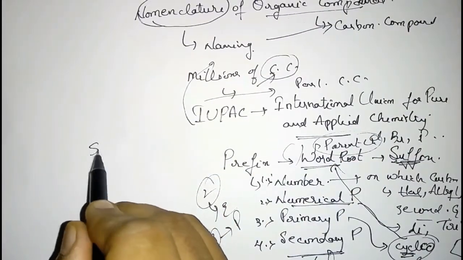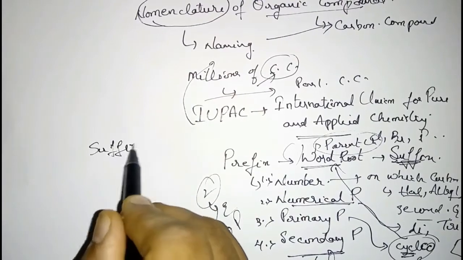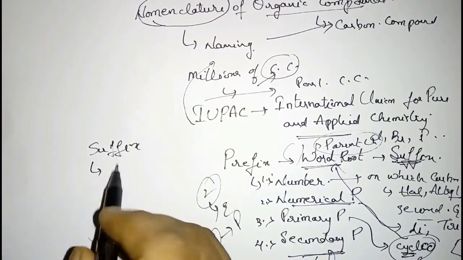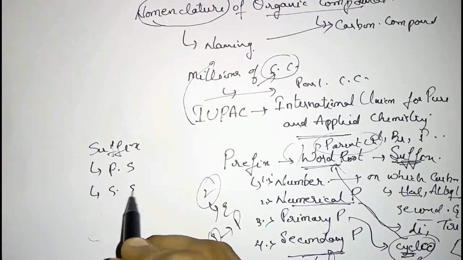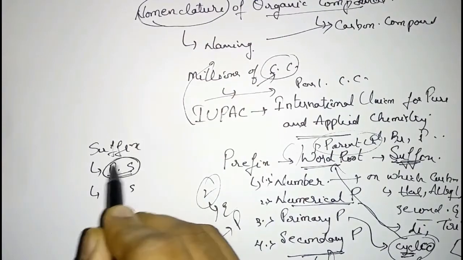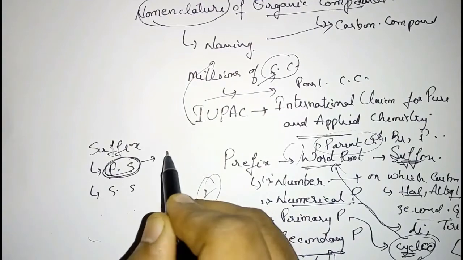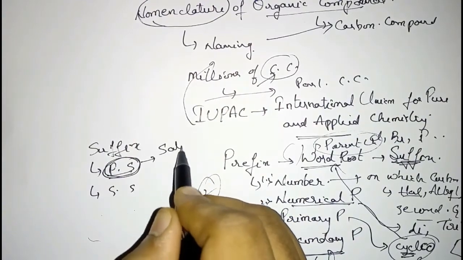The suffix is again divided into two parts. First one is our primary suffix, second one is our secondary suffix. What does the primary suffix say? Primary suffix says about the saturation of a compound.